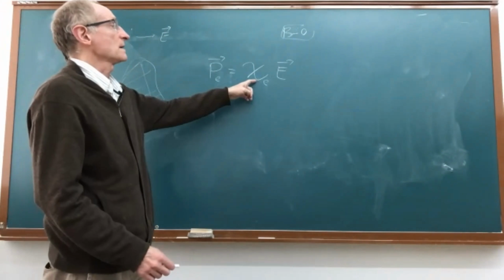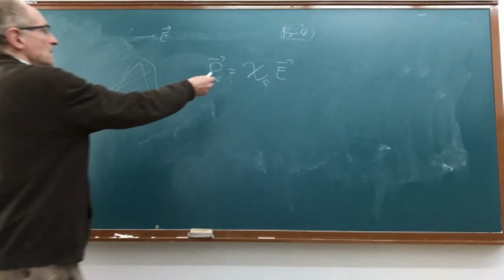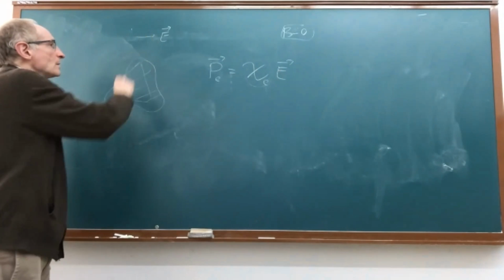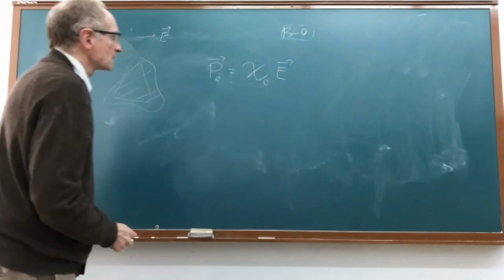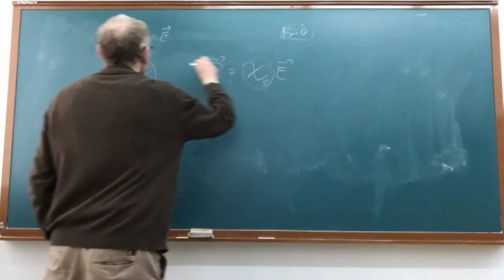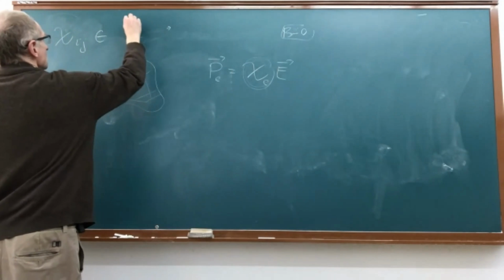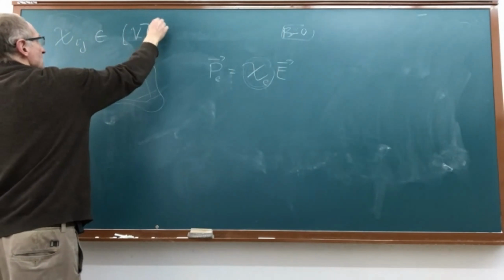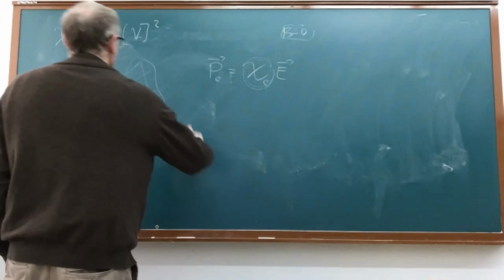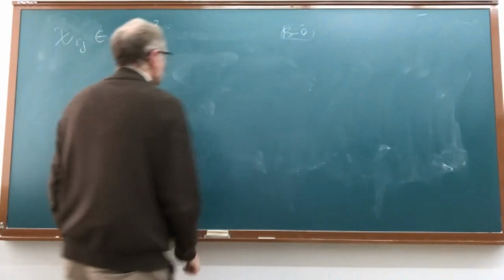And this is the polarizability, the electronic polarizability, which gives you the response of this dipole moment to the electric field. So that's the second thing that you have to know. So this involves this tensor, which, as you know, belongs to V square, because it's a symmetric rank 2 tensor.